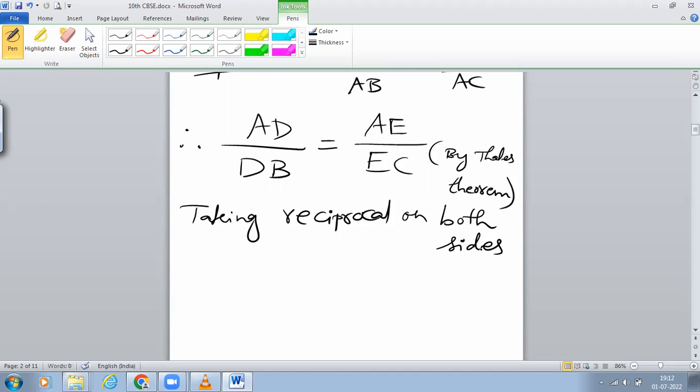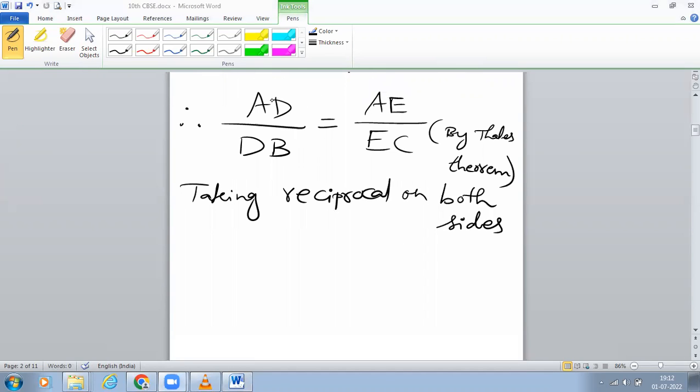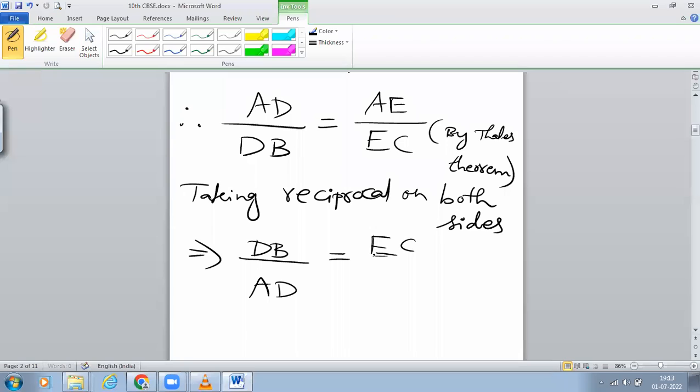So when we take reciprocal on both sides, AD by DB will become what? This AD in the numerator comes to the denominator, and this DB in the denominator goes to the numerator. So we'll get DB by AD, yes or no? Which is equal to, this EC will go to the numerator and this AE will come to the denominator, so it is equal to EC by AE.